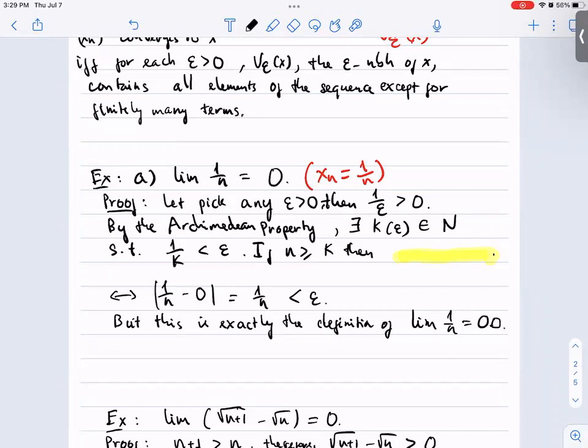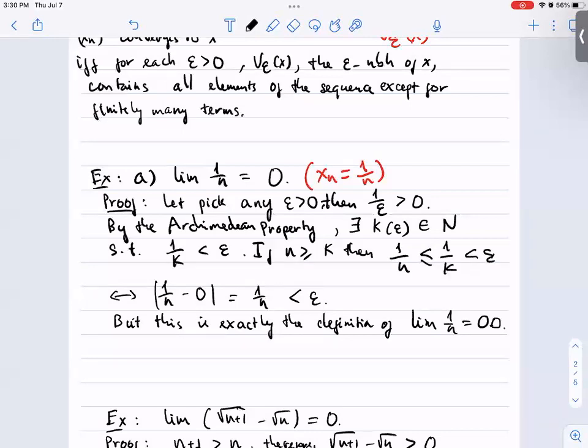And according to this Archimedean property, there exists some natural number k, possibly depending on epsilon, such that 1 over k is smaller than epsilon. If n is greater than or equal to k, then obviously we have that 1 over n is smaller than or equal to 1 over k, and this is smaller than epsilon.